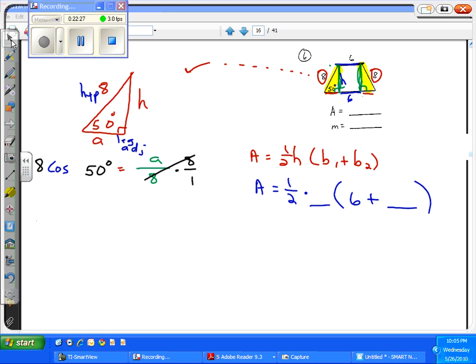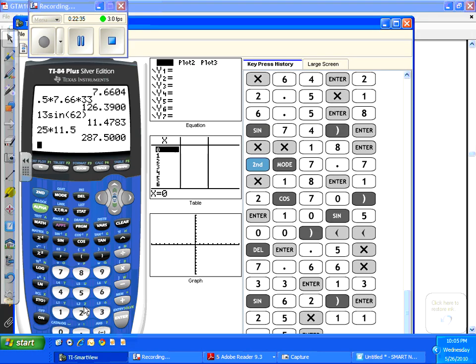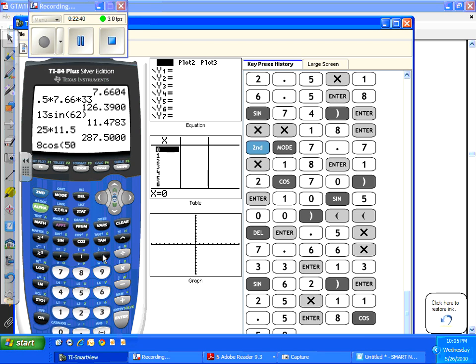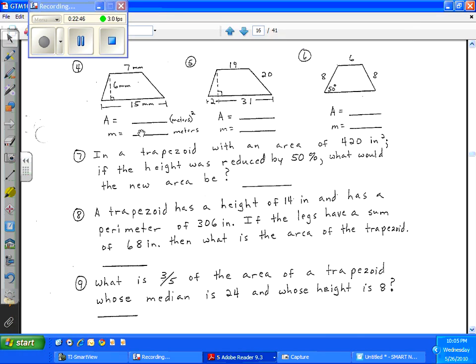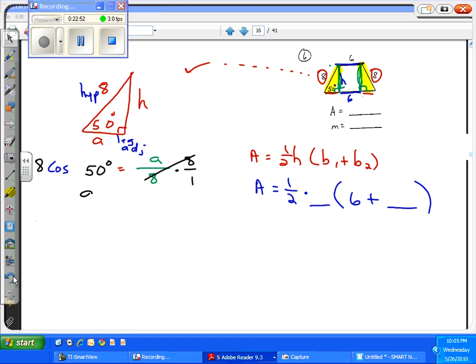Either way, you get A equal 8 cosine 50. So 8 cosine 50, and we get 5.1 rounded. So A is equal to 5.1.